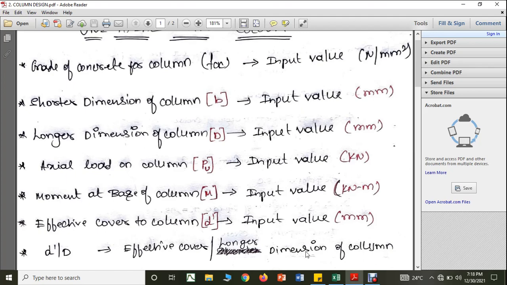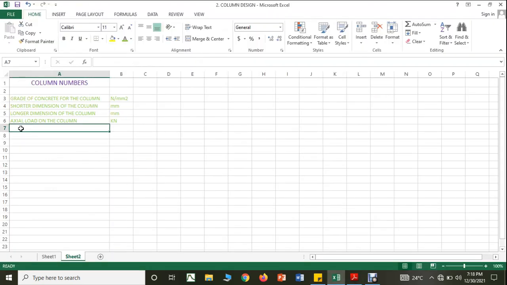So it is just the moment at the base of the column, which will be given in kilonewton meter.